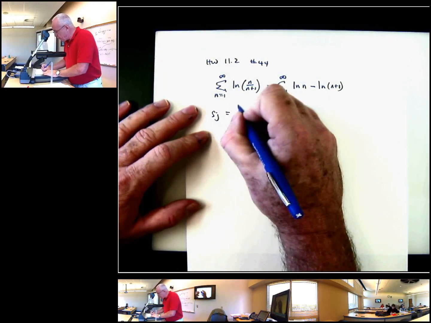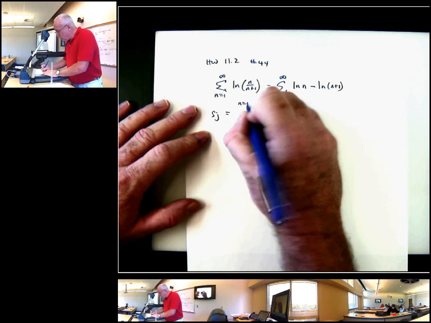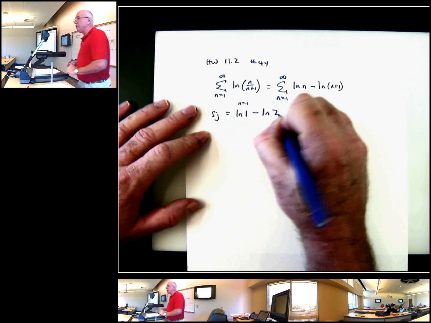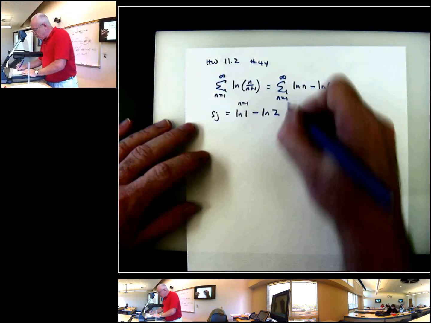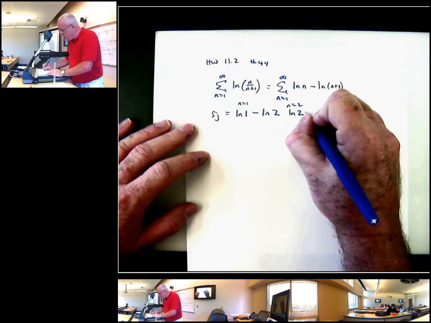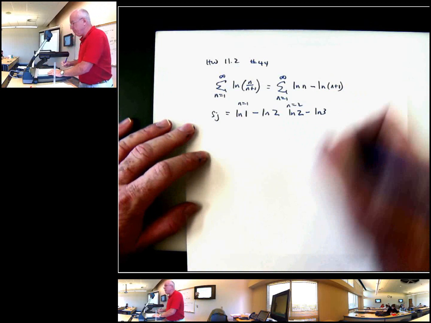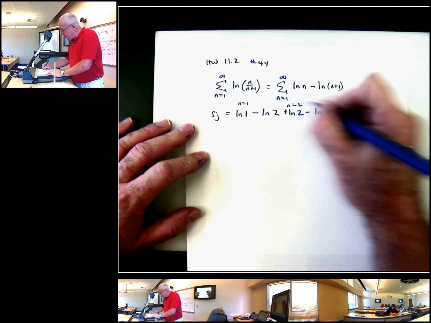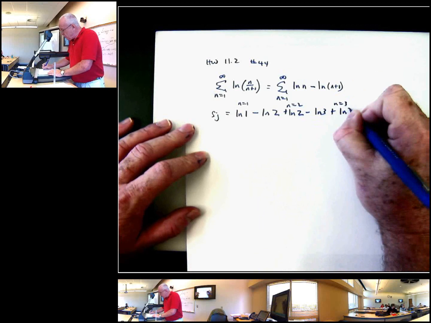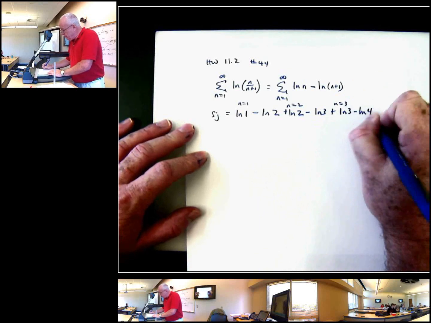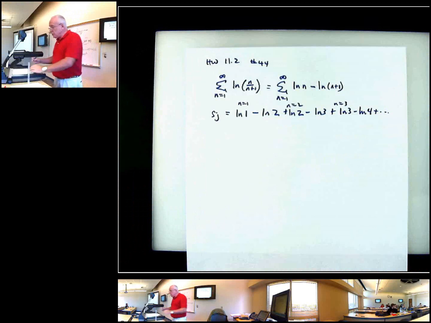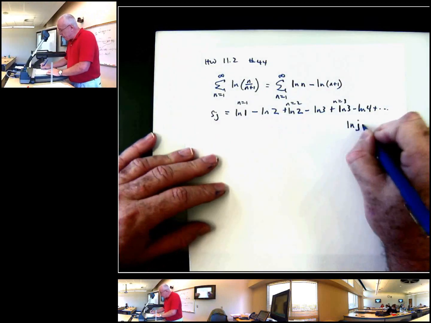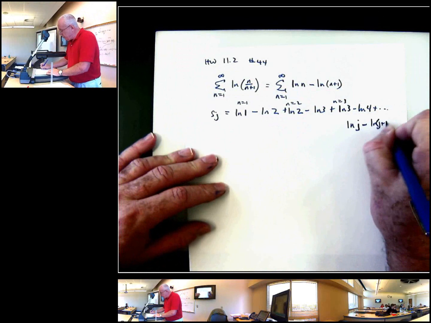For n equals 1, we have ln of 1 minus ln of 2. For n equals 2, we have ln of 2 minus ln of 3. Then ln of 3 minus ln of 4, etc. When we get to the j term, we have ln of j minus ln of j plus 1.